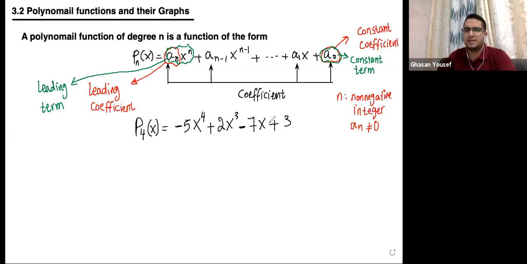So this polynomial has degree 4. Why 4? Because this is the highest exponent inside this polynomial. Number 2, this minus 5 here is called the leading coefficient. And this 3 is called the constant coefficient.